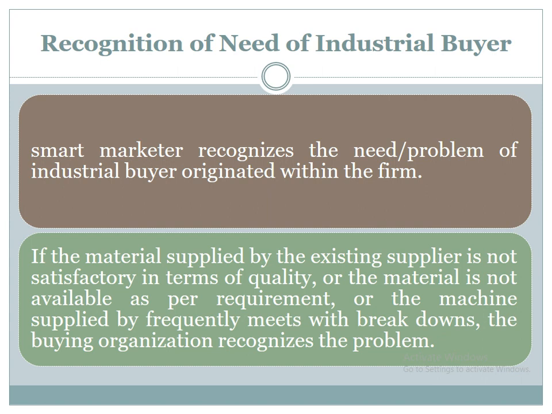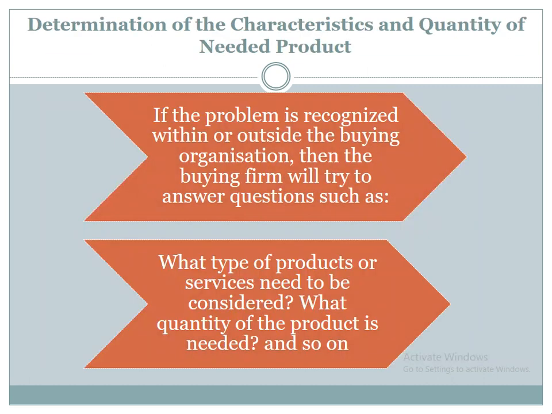If an industrial marketer identifies a problem in the buying organization and suggests how the problem could be solved, there will be a better possibility of it being selected as a supplier.